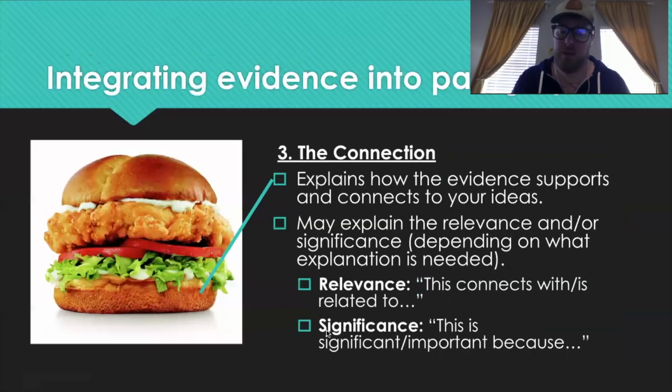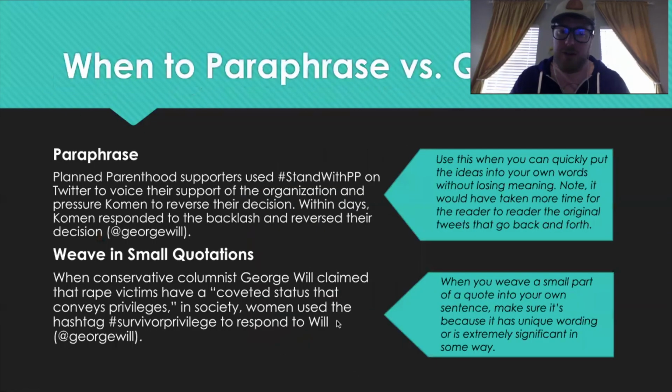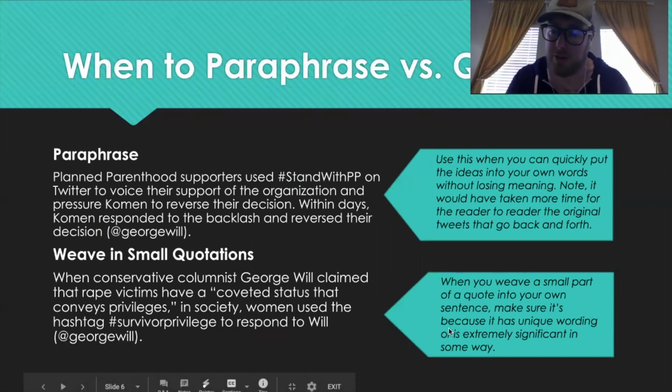If you decide you want to quote, that's fine. But again, be selective about how much you quote. Only use the part that's valuable. In this case, they've quoted, but you can see here they've actually used just part of a quote and threaded it into a sentence, right? So again, they chose the words that really mattered the most here. And you can see it's only 1, 2, 3, 4, 5.